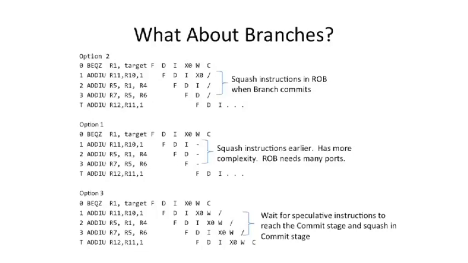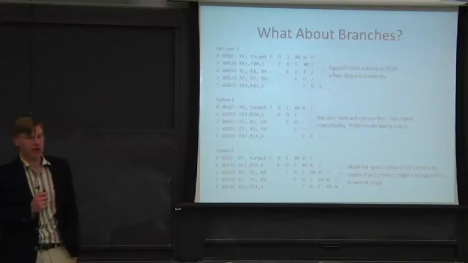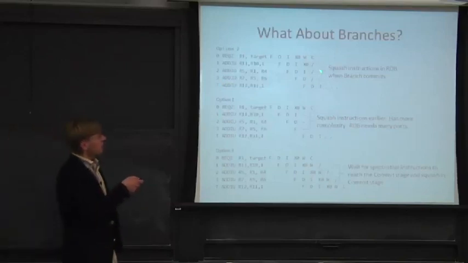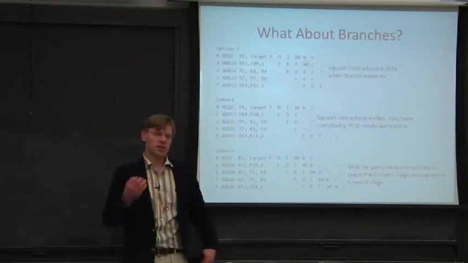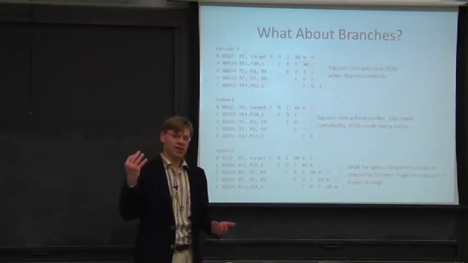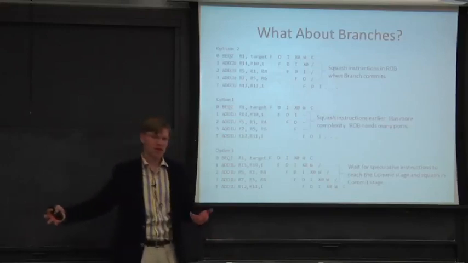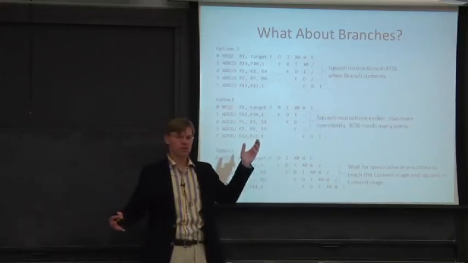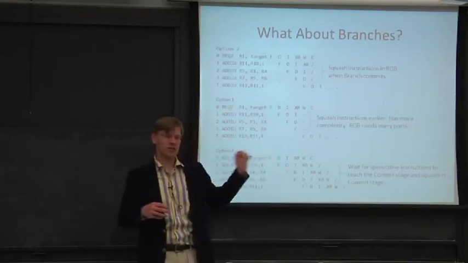But these instructions here are the fall-through case for the branch. This instruction here is the target for the branch. So we need to squash all of these instructions in the reorder buffer. Conveniently, we have a bit in the reorder buffer that marks all of the things that were dependent on the branch. If the branch is misspeculated, just remove them and throw those entries out of the reorder buffer, invalidate them in the reorder buffer.